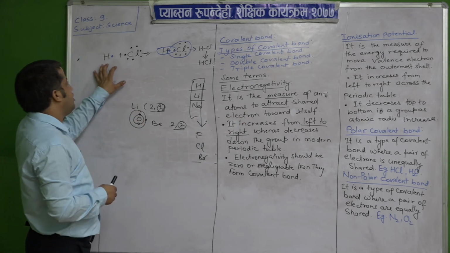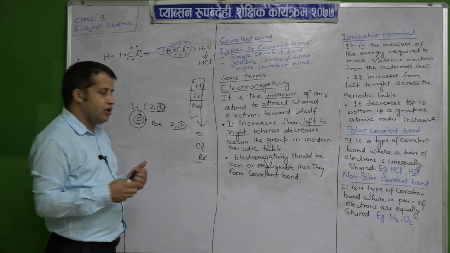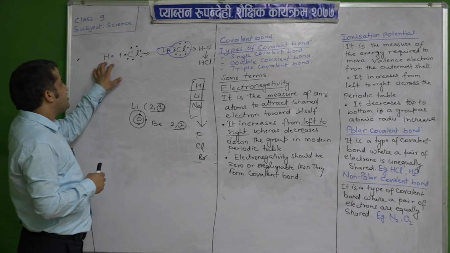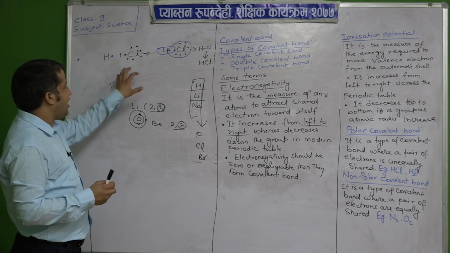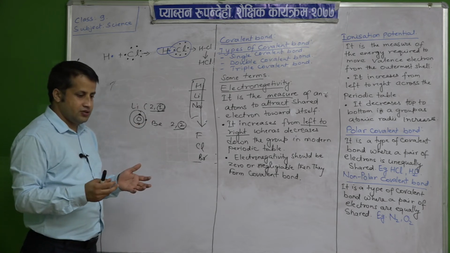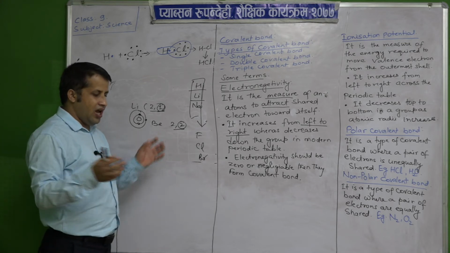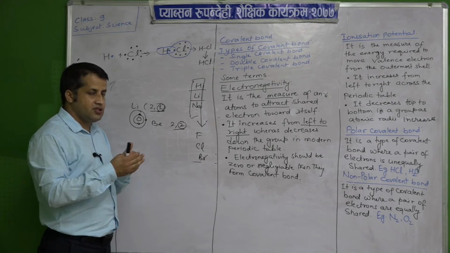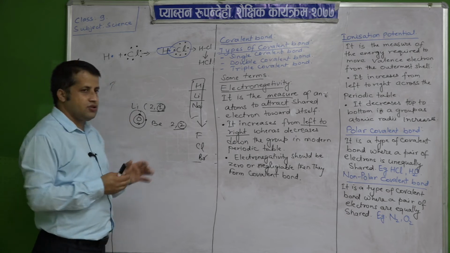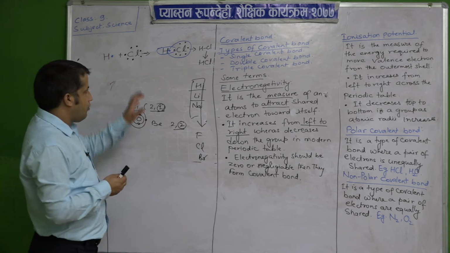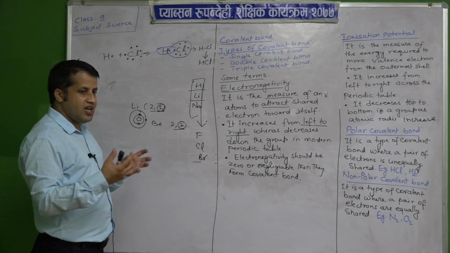For example, hydrogen and chlorine, as we have discussed, form a single covalent bond, but the size of hydrogen is very small and that of chlorine is large. Chlorine and hydrogen have a difference of electronegativity. Hydrogen lies in group 1 and chlorine in group 7, so the number of electrons is more and the nuclear charge is also more.